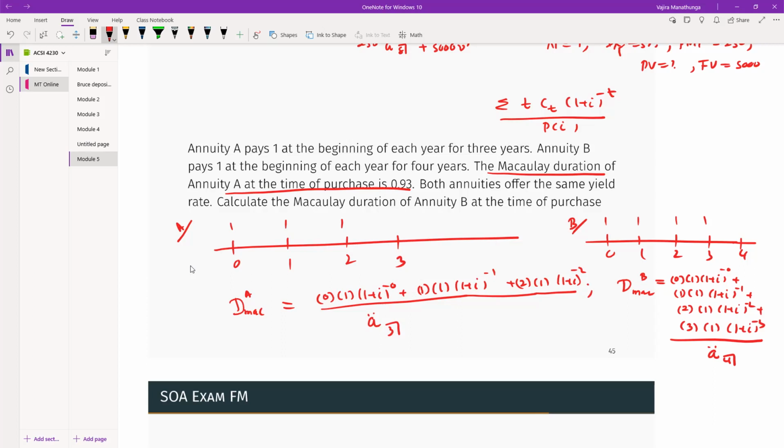Okay, so now we don't have the rate. Basically it says for annuity A, Macaulay duration is 0.93. So on this side I have 0.93. Let me use (1 plus i) to the negative 1 as V. Then this one I can write as 0, plus V, plus 2 times V squared.